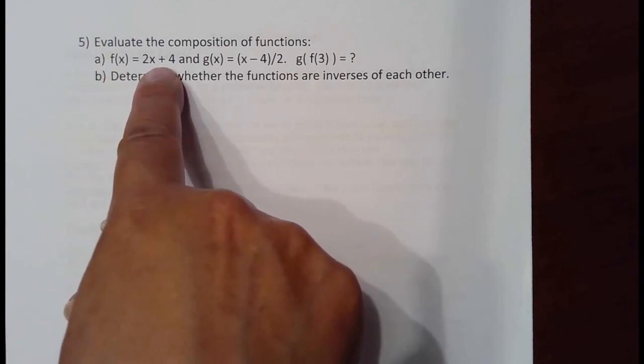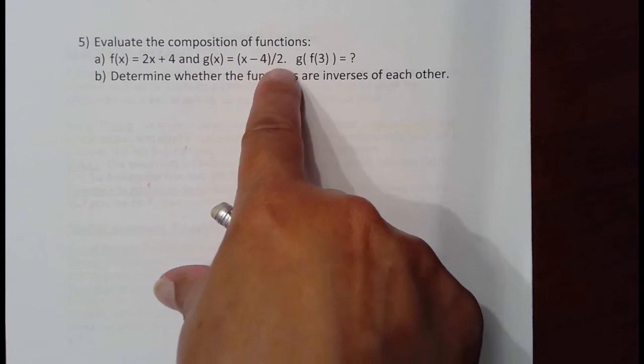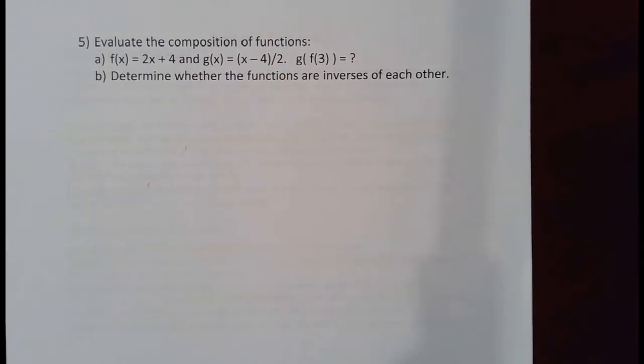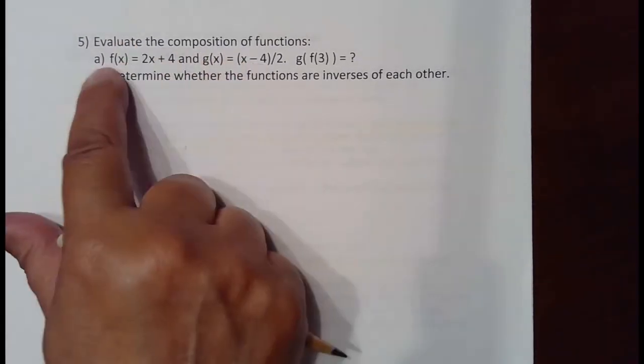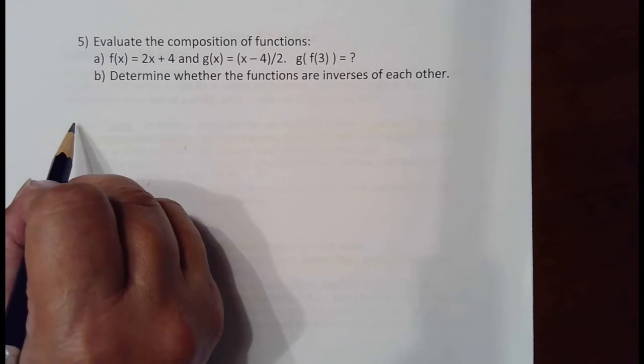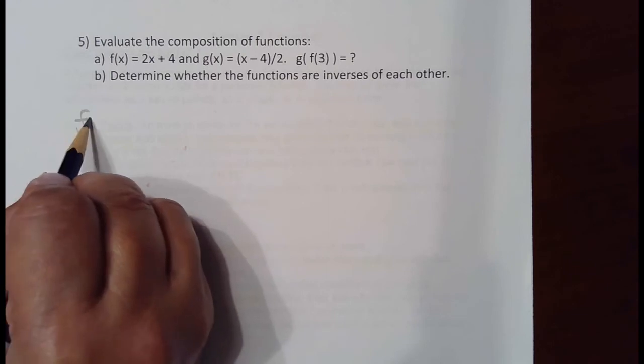F composed of g can also be written like this if you like, with that little bubble, f composed of g of x. That should be equal to x.